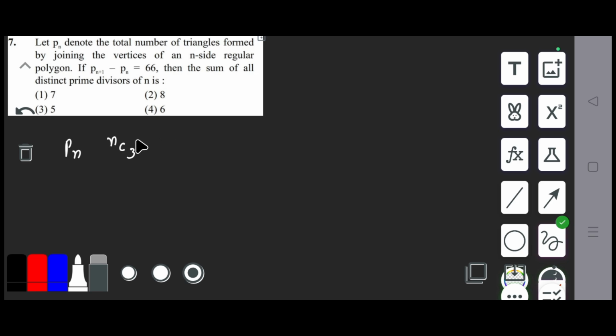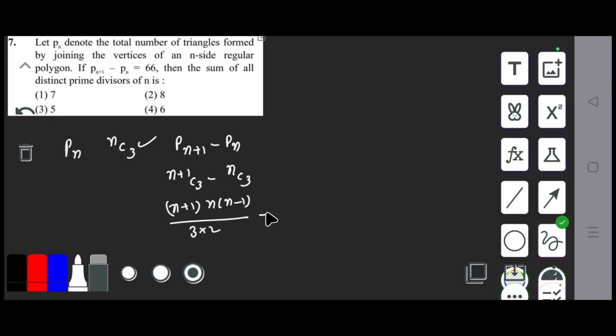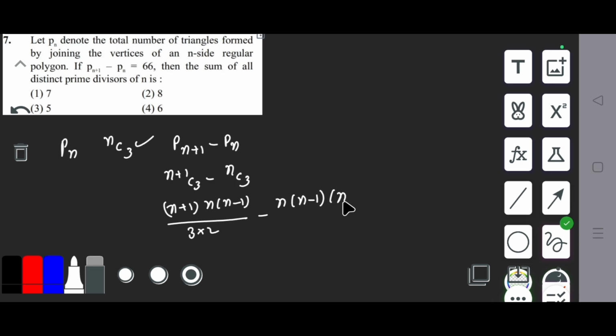So by this way we get the formula NC3. Here they gave Pn plus 1 minus Pn, which means n plus 1 C3 minus NC3. So the expansion: n plus 1 into n into n minus 1 by 3 into 2, minus n into n minus 1 into n minus 2 by 3 into 2. This is the expansion.